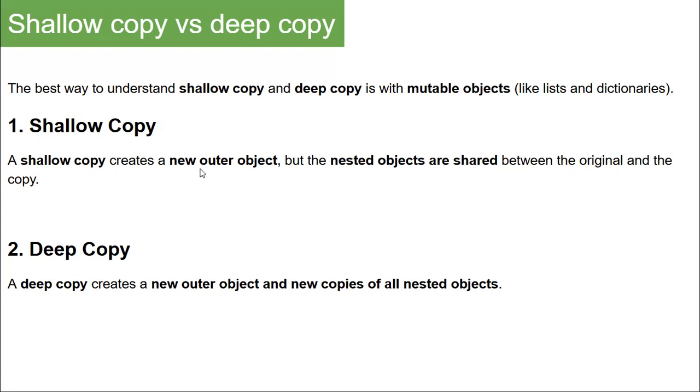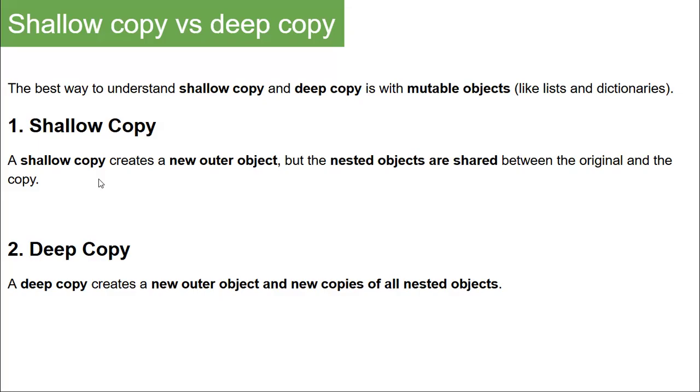But if you are taking a nested list in the original data, the nested data will be shared between the original and the shallow copy. That means the address of your original nested data and the address of your shallow copy nested data will both be the same.